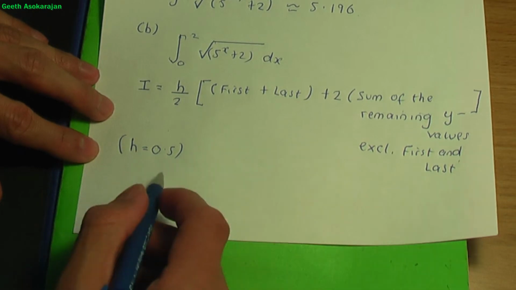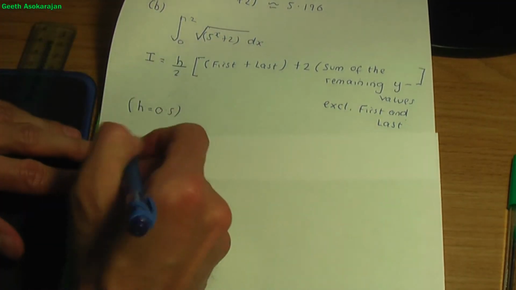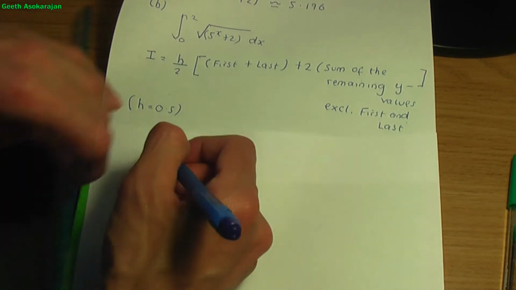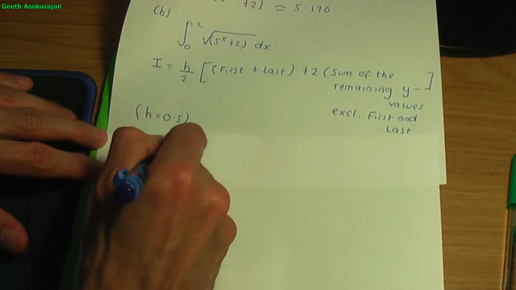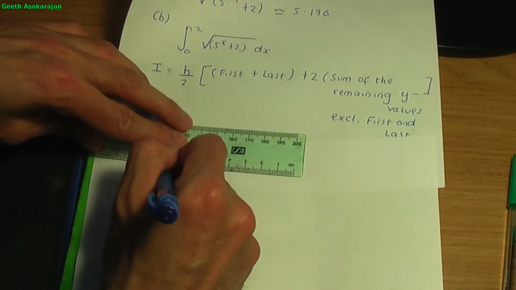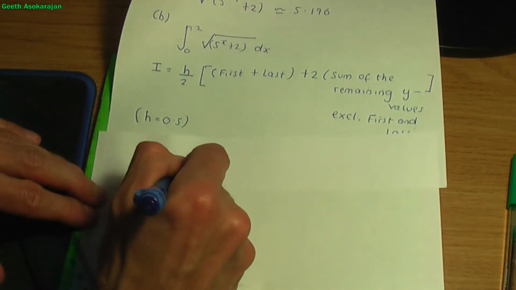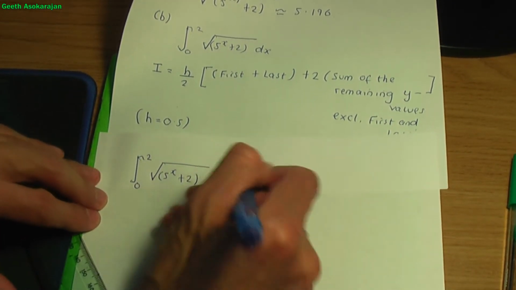Let's apply this formula to work out this integral. Here's our integral between limits 0 and 2 of the root of 5 to the power of x plus 2 with respect to x.